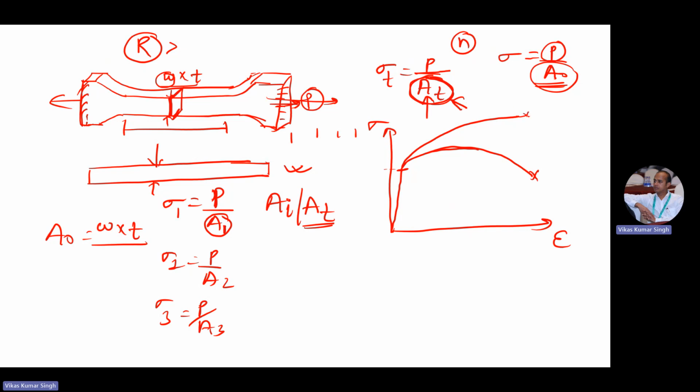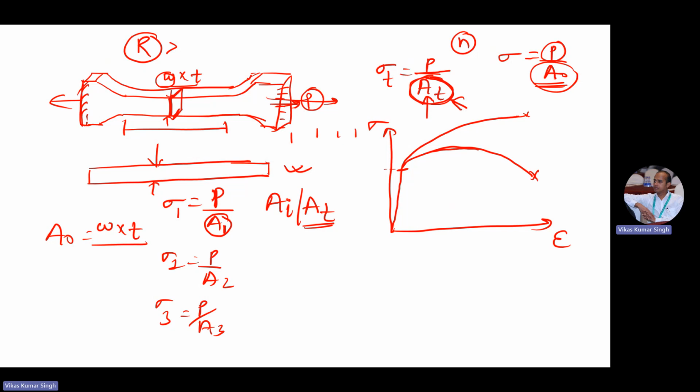So this is the concept of the true stress and strain, and we'll discuss more about this in the coming session. So things will be clear, and I suggest you go and check. You are remembering all the formulas, that is good, but you should know the physical meaning of that. That is very important, and how to relate that, like hardening.